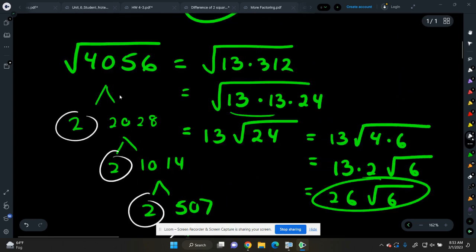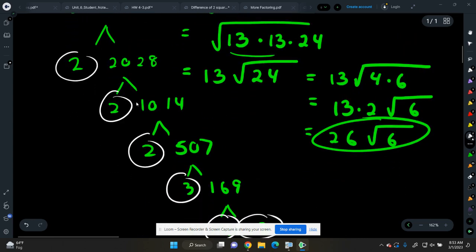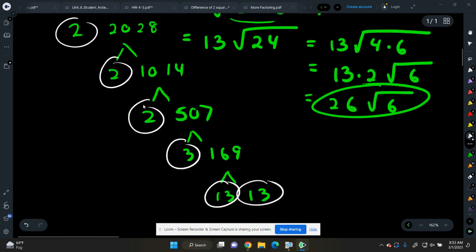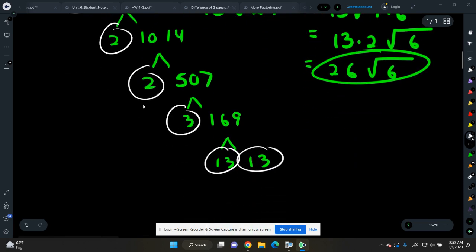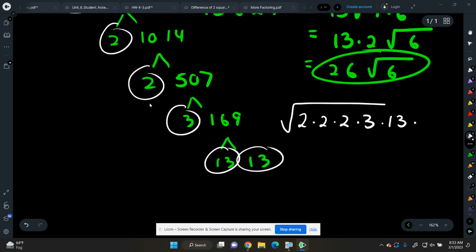Did I miss another 2 somewhere? 2 times, I feel like I did. Okay, so this is going to be the square root of 2 times 2 times 2 times 3 times 13 times 13. Okay, so this is the method that you were taught earlier this week.